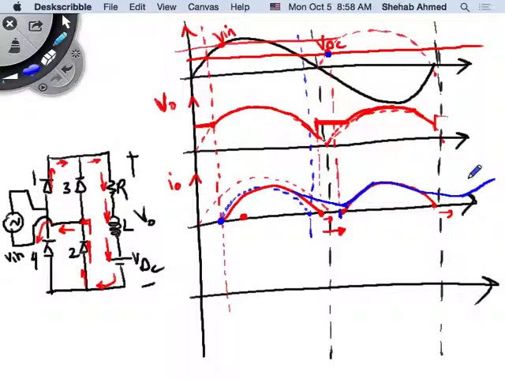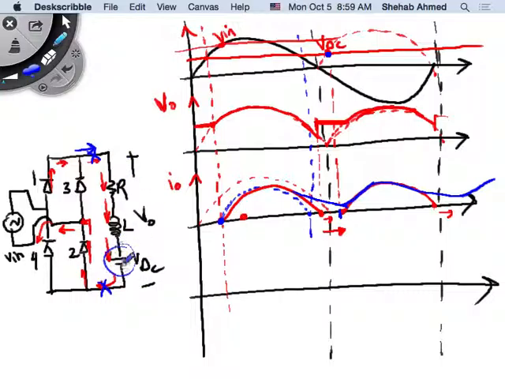If the current becomes continuous, there's no point in time where the current coming into this branch is zero. So if there's always current flowing, can the output voltage be VDC?